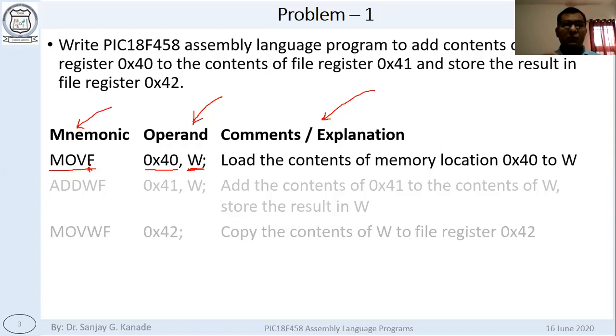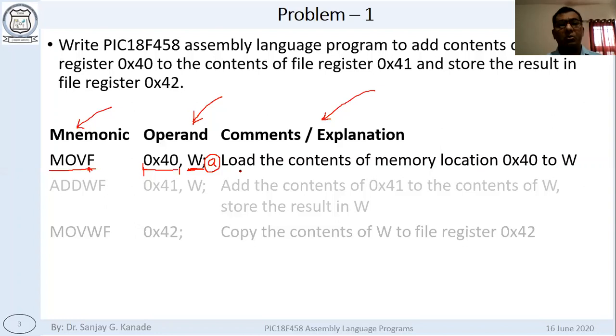If there is F in an instruction, because this F is 8-bit, F is the address of the file register. Now address is always 12-bit. So if there is F in any instruction, there will always be A in that instruction. Okay, so third operand actually would be A, but we can skip this operand.